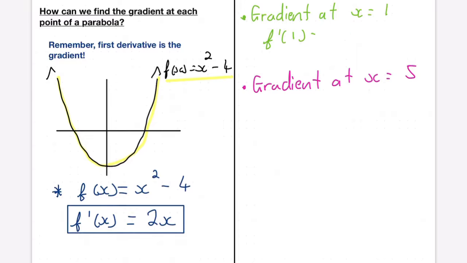Remember, f prime of x is equal to 2x. So f prime of 1 would be equal to 2 times 1, which is 2. So the gradient at an x value of 1, let's say this was the x value of 1 here, the gradient there would be 2. m, or f prime of x, would be equal to 2.